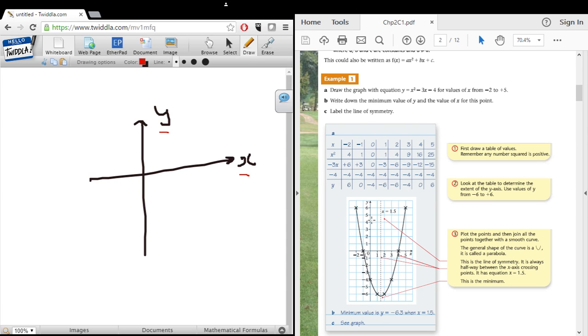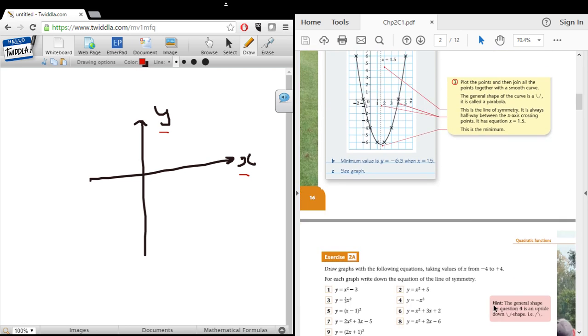And also the next question is label the line of symmetry. So you can see in the graph what the line of symmetry will be, and again it will be at the minimum. So it says here, this is the line of symmetry. It's always the halfway line between the x-axis crossing points. It has equation x equals 1.5. So again it's where the halfway point is between the x-axis crossing points.